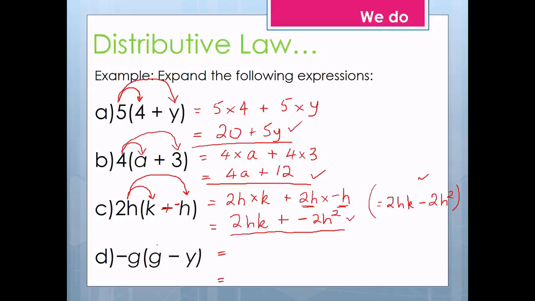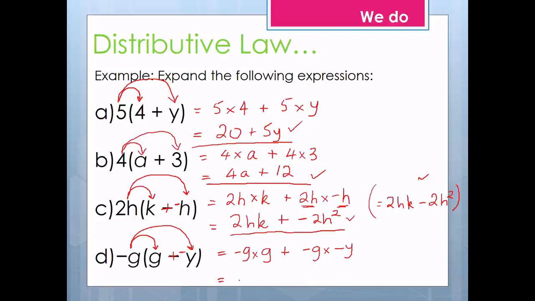For part D, again, I grab the number that's on the outside and I multiply by the two terms that are inside the brackets. With that takeaway that's inside the bracket, I can make that a positive, except negative y, so plus minus y. So expanding it out, I have negative g multiplied by positive g, plus negative g multiplied by negative y.